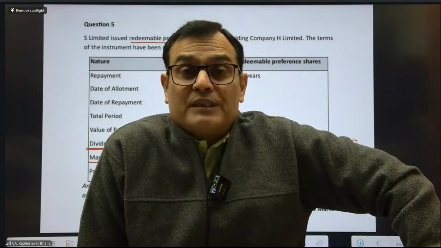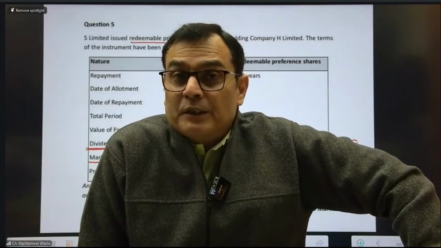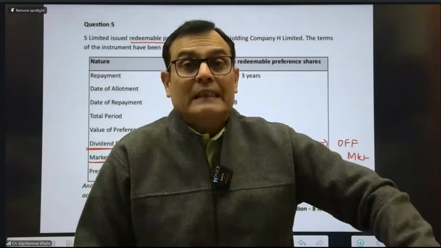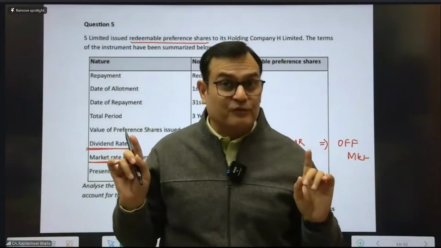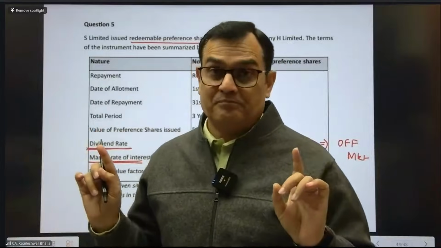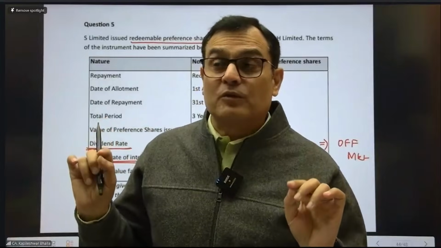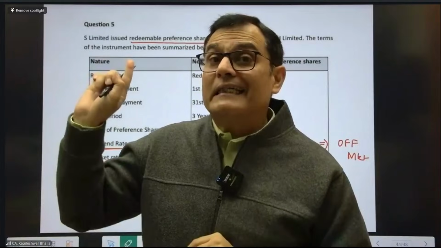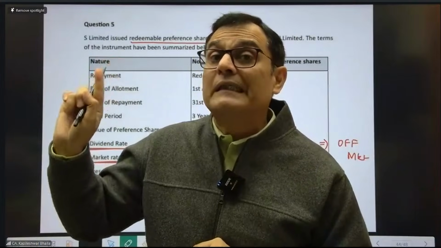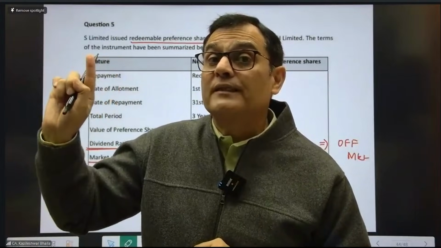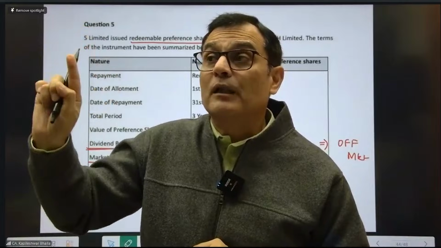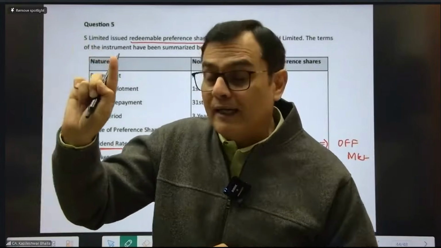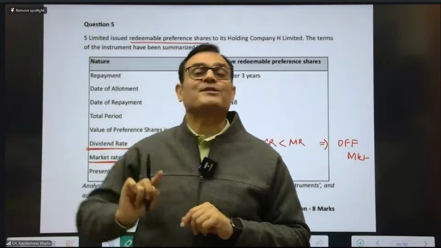If there are any loans, even between the parent and subsidiary, which are classified as loans recoverable and payable on demand, the concept of transaction price and fair value would not apply. So you need to be careful. Don't just look at the relationship first. This entire discussion is applicable to all financial assets except trade receivables and except loans which are recoverable or payable on demand. I hope I am clear with my thoughts.